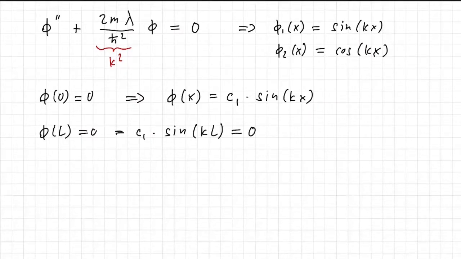Now, this could be, of course, fulfilled by c1 equals 0, but then we have a trivial solution which just says phi equals 0 everywhere. So that's not interesting. So we need to figure out when the sine is equal to 0. And that sine is equal to 0 whenever k equals n pi divided by L, and n equals 1, 2, and so on.